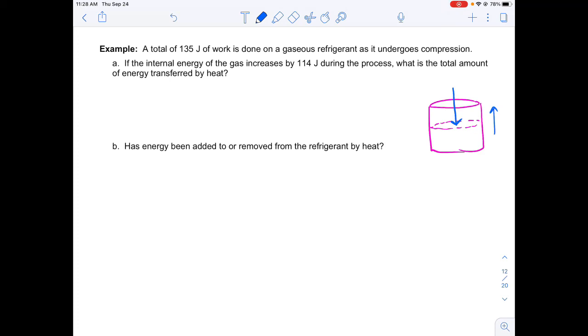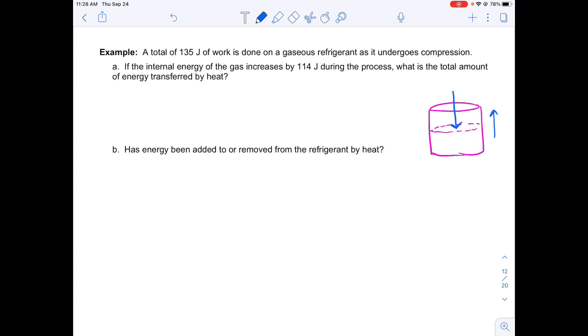We use that process to pump heat out of the interior of the refrigerator. If the internal energy of the gas increases by 114 joules during the process, what is the total amount of energy transferred by heat?